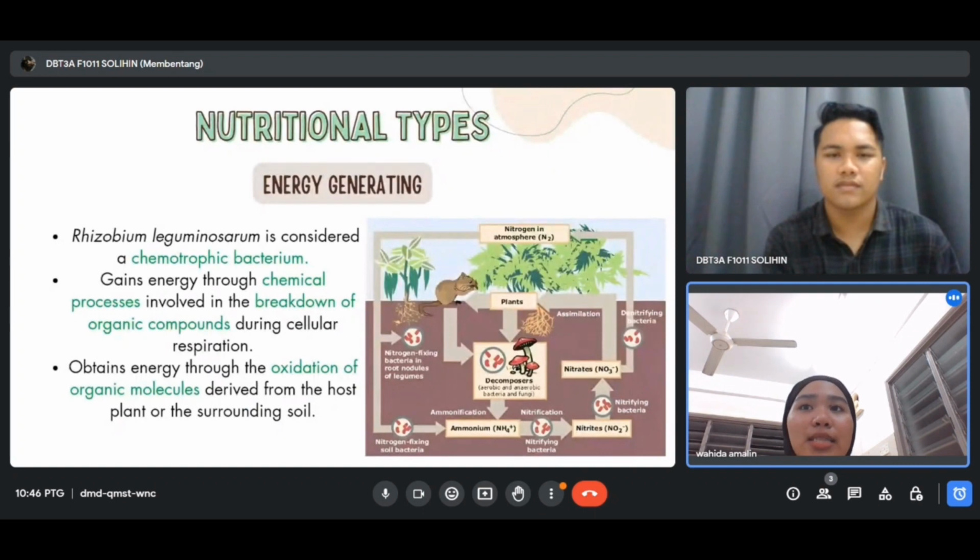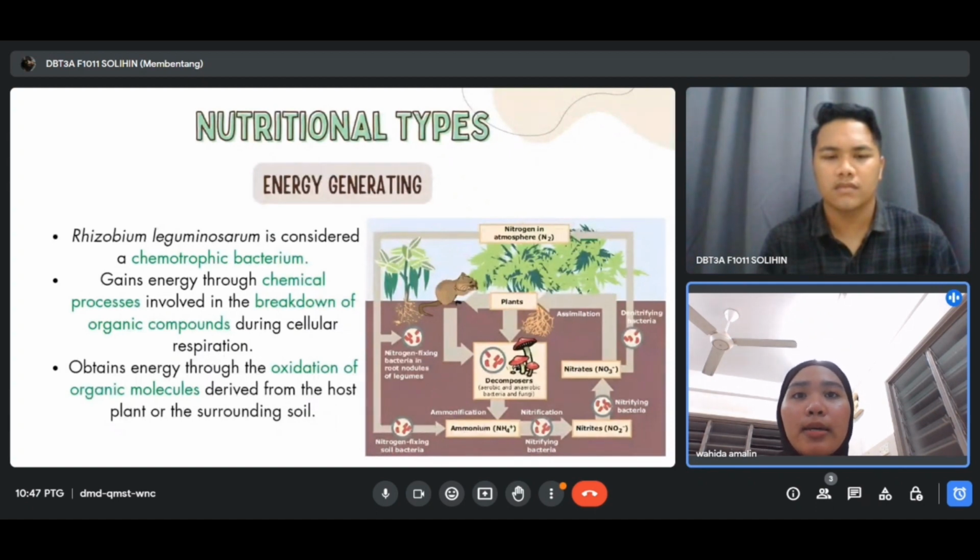The second one is energy generation. This bacterium is considered a chemotrophic bacterium because Rhizobium leguminosarum gains energy through chemical processes involved in the breakdown of organic compounds during cellular respiration. They obtain energy through the oxidation of organic molecules derived from the host plant or the surrounding soil.